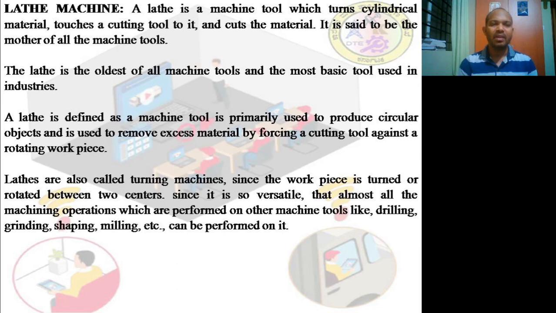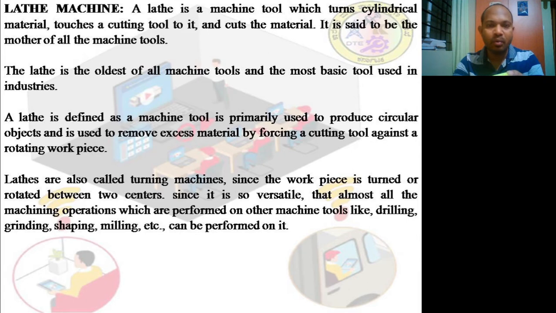Is it clear? A lathe can also be defined as a machine tool which is primarily used to produce circular objects and is used to remove excess material by forcing a cutting tool against a rotating workpiece. Now there are two methods.